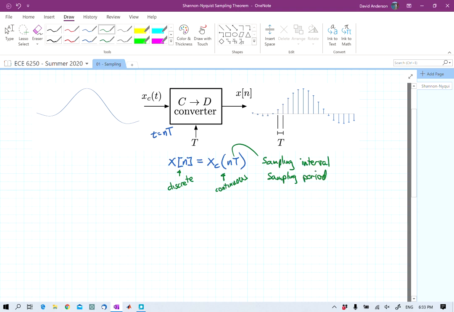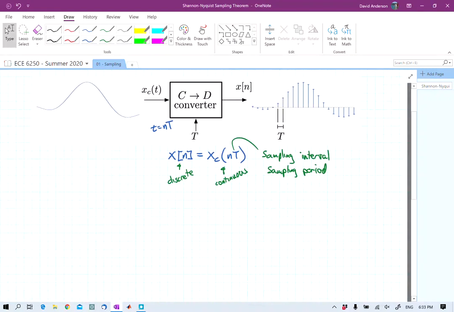In practice there are many devices that perform this basic function. We've called this a C to D converter, continuous to discrete, but if you go look online to try to buy one of these, you'll find them called analog to digital converters instead of C to D converters. There's a difference. For example, an A to D converter can't perfectly sample something at an instant in time.